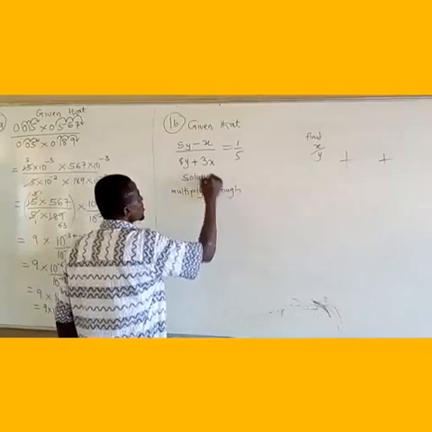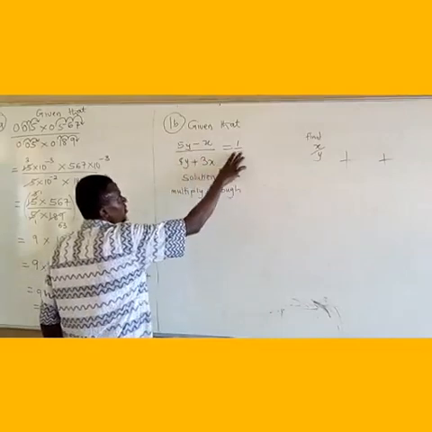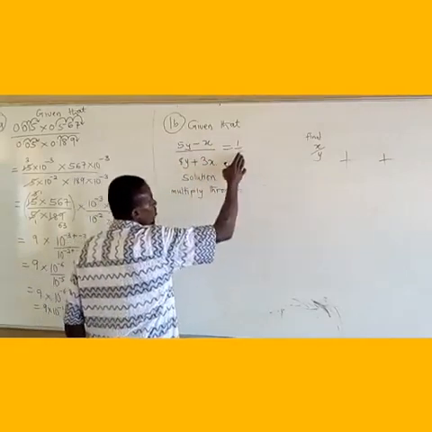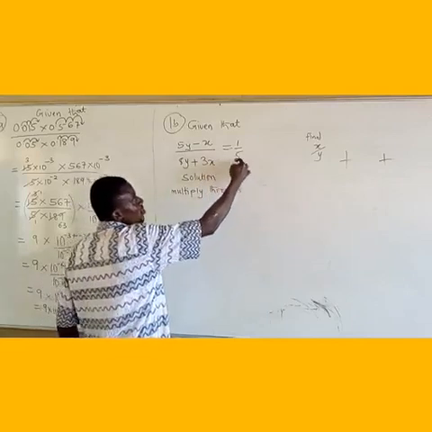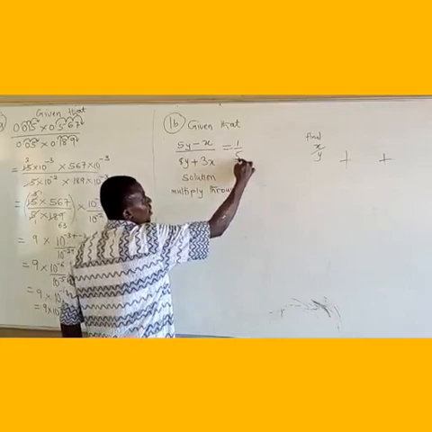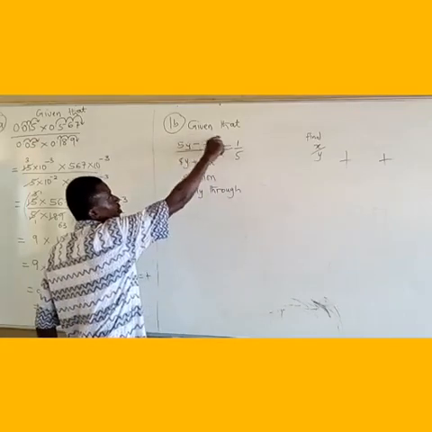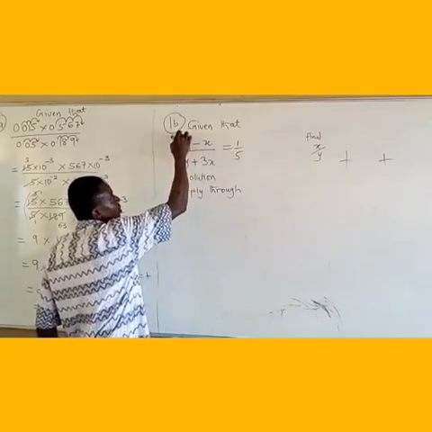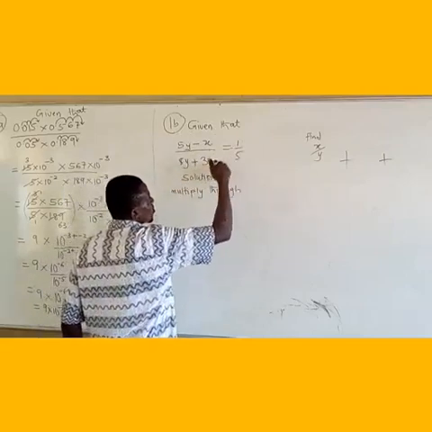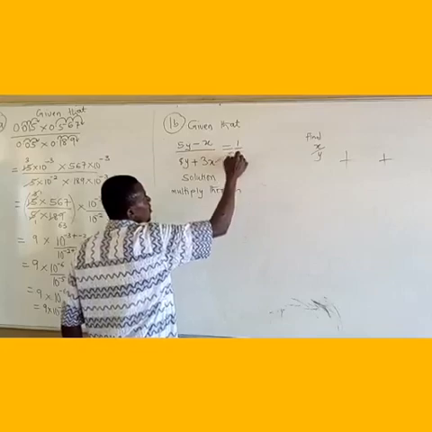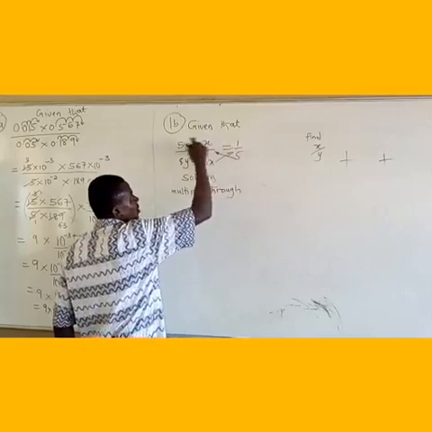This is a fraction, and the right hand side is also a fraction, so you can do what is called cross multiplication. You use 5 to multiply the numerator here, and you use the denominator here to multiply 1.